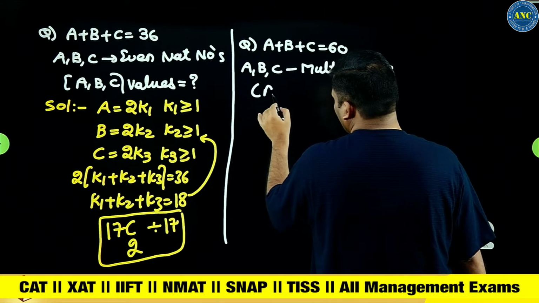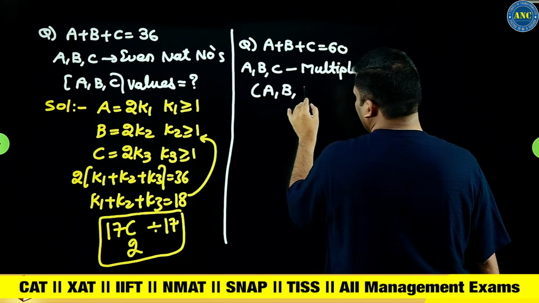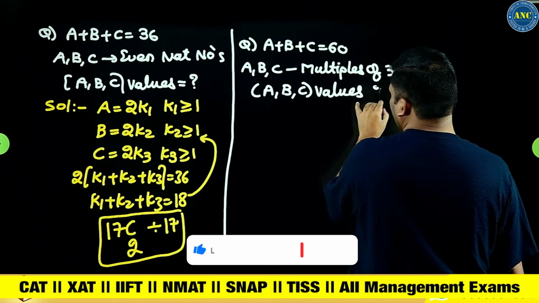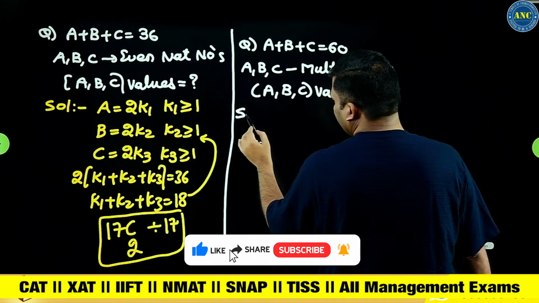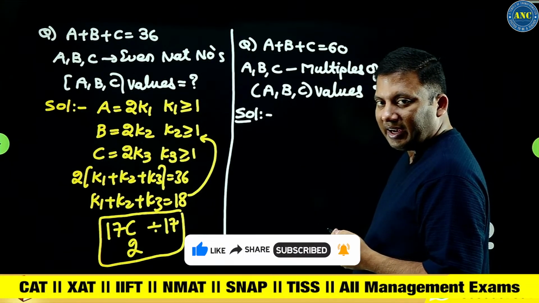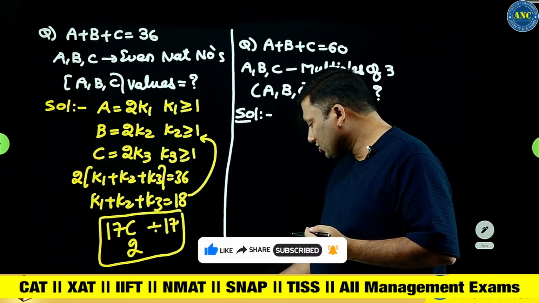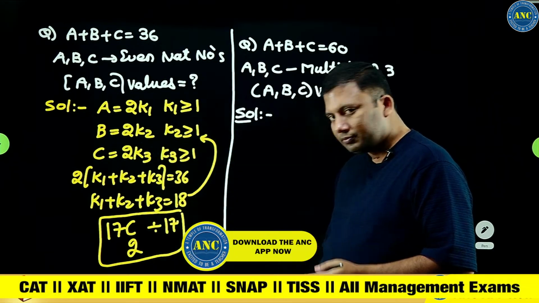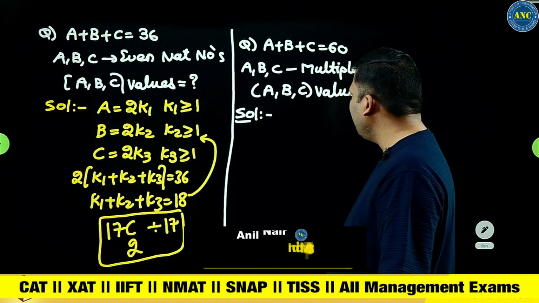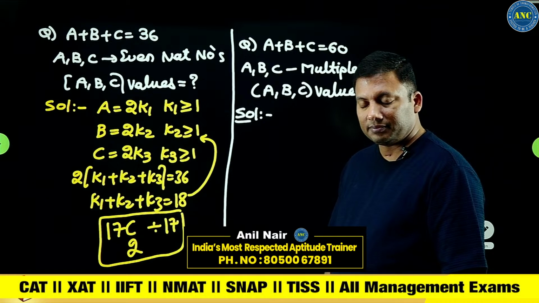How many values can A, B, C take? Solution. Once you understand the left hand side, the right hand side problem will be extremely clear to you. A + B + C is 60, and A, B, C are multiples of 3.